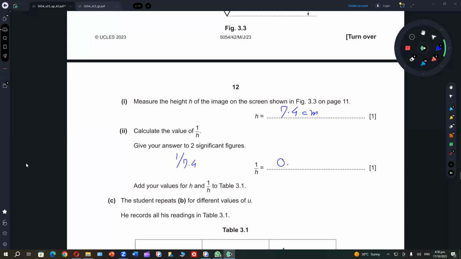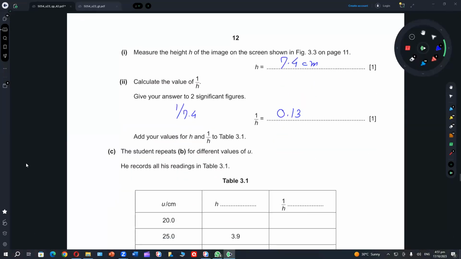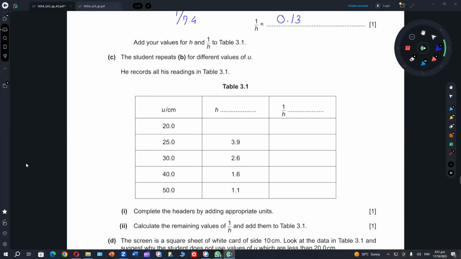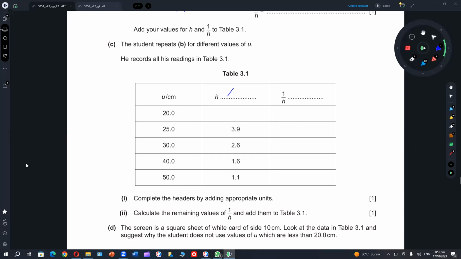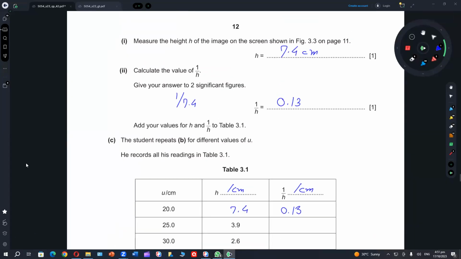0.13. Okay, then 1 upon 3.9. What did you tell me here? 1 upon h, 1 upon 7.4 is 0.13.